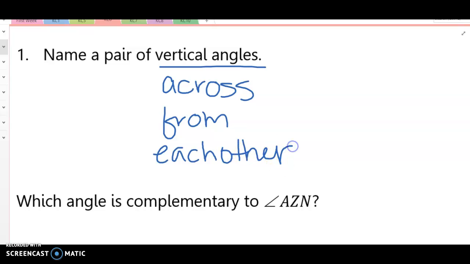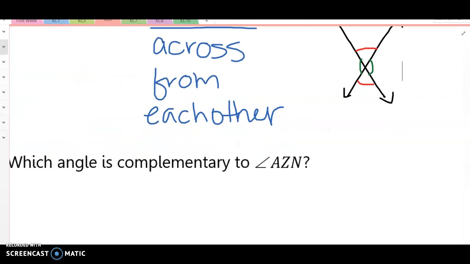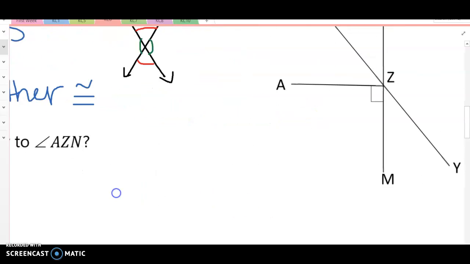The simplest way to see this is if you just had two intersecting lines. The vertical angles are the ones across from each other, so like those two, or you can do the other side like those two, okay? And the other thing is they have to be congruent, so they have to be the same number of degrees.